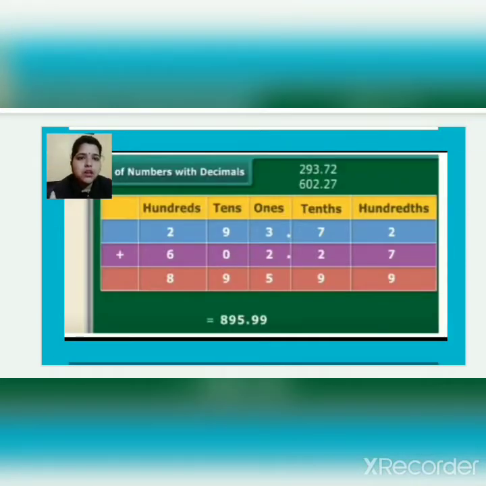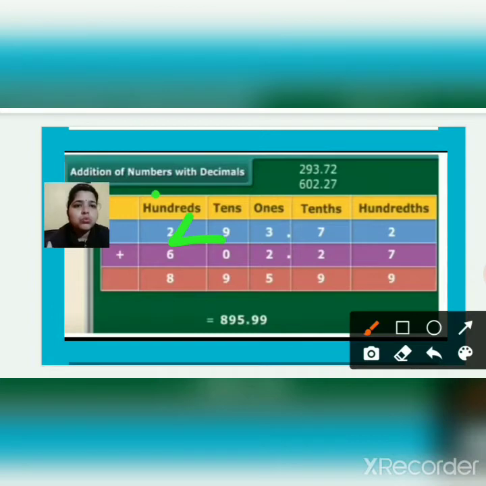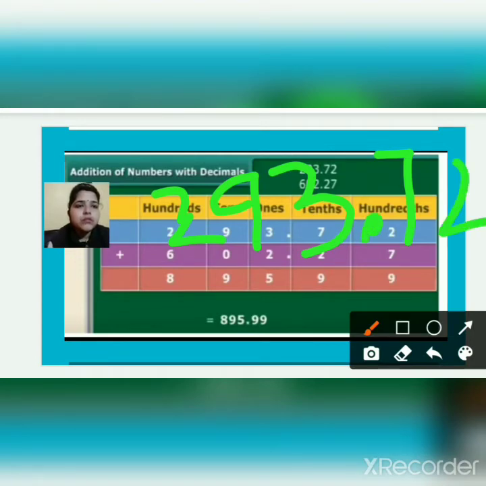Now we have the next one, that is addition of numbers with decimals. You have to add the numbers after decimals. See, if it is given 293.72, this is the ones place, tens, hundreds, and this is the decimal point.